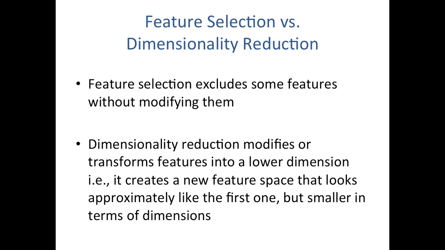On the other hand, dimensionality reduction is also oftentimes used to reduce the complexity of the features that we are considering. However, dimensionality reduction transforms the features into a lower dimension. Basically, we are working with a different feature space that is similar to the first one, but simpler and smaller, with a lower number of dimensions.